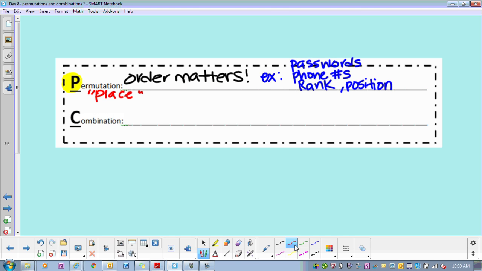Now for combination, think choose. It starts with a C, right? Choose. Order does not matter for combination.